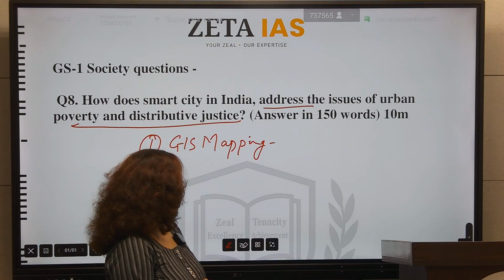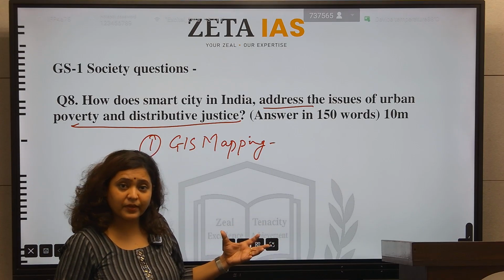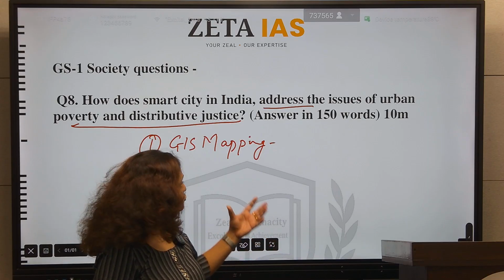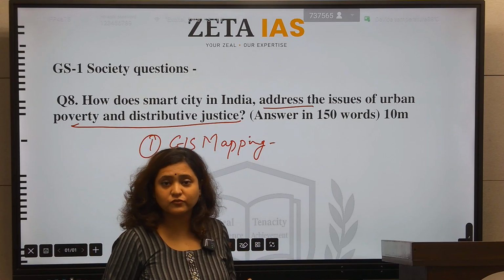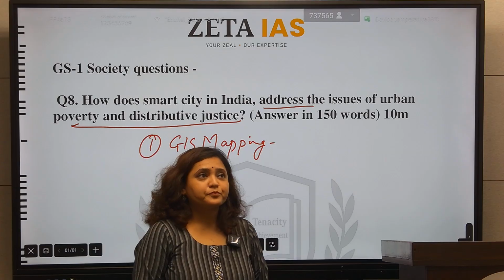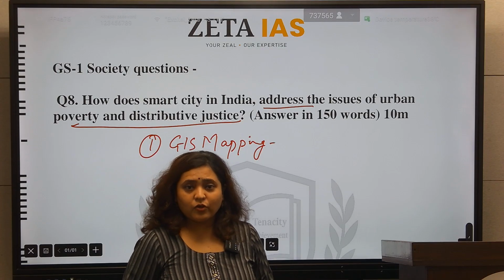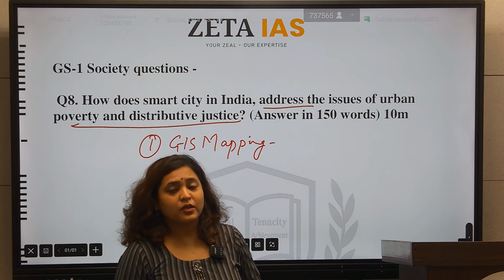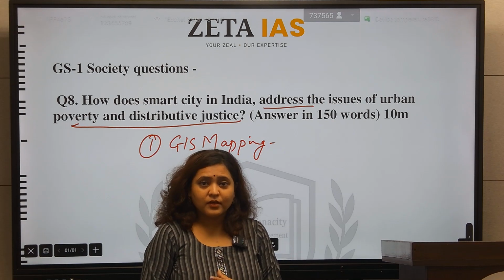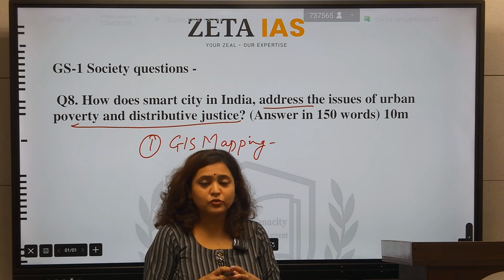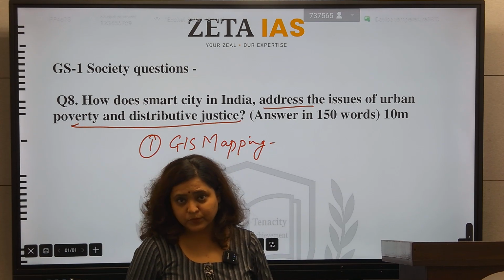Now why is GIS mapping important? How is it addressing the issue of urban poverty and distributive justice? If you see, water logging is much more prevalent in areas inhabited by the low income or the moderate income groups.